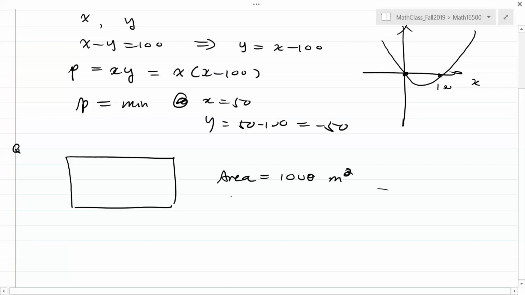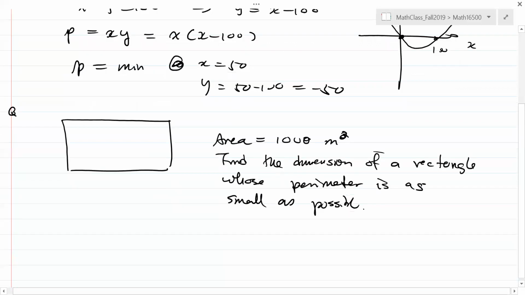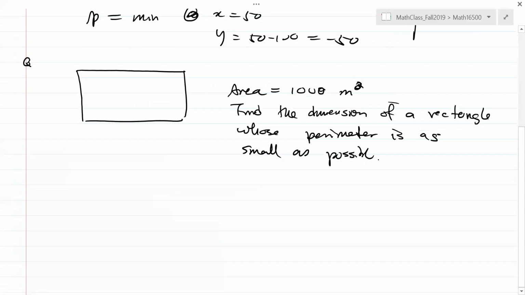Find the dimensions of the rectangle whose perimeter is as small as possible.